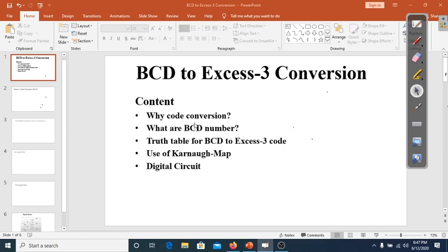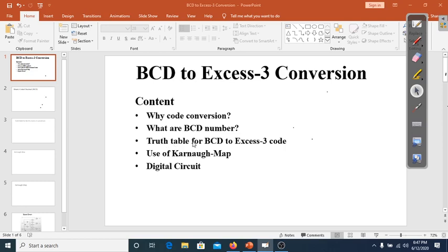We already learned about the BCD number in the starting of our course. In the starting lecture, we have learned about the BCD numbers. After this, we will talk about the truth table for the BCD to Excess-3 code converter.